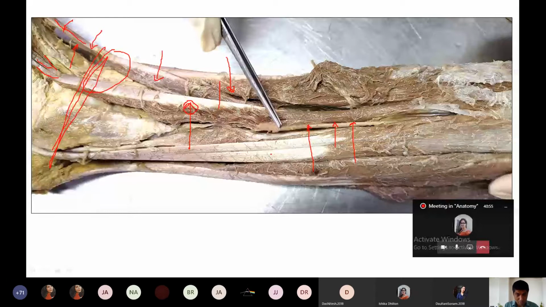After this, now I'll take you to the other compartment. I think the same compartment, but a structure is still left. Tibial blood vessels, and yes, even the nerve you can see here.